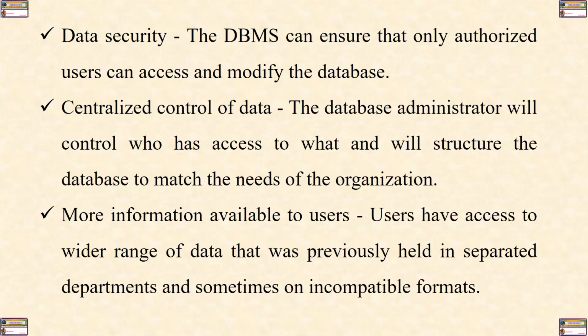Number six is that with a database management software, with a database, more information can be available to the users. So users have access to a wide range of data that was previously held in separate departments and sometimes on incompatible formats.